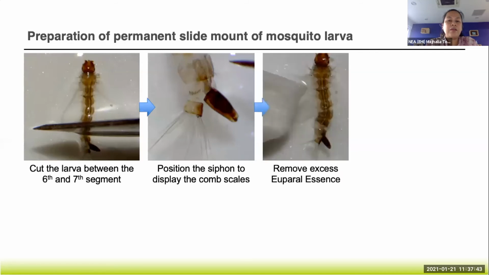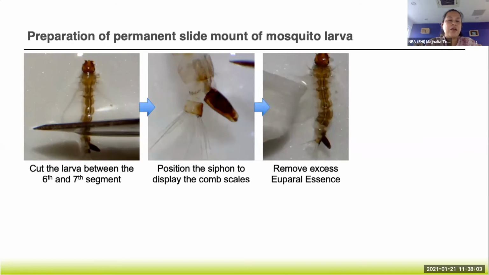Okay, and then once you have positioned your sample nicely with the hairs not overlapping, you can remove the excess euparal essence because this is a solvent. It will prevent your mounting medium from drying up if there's too much of the essence left behind.